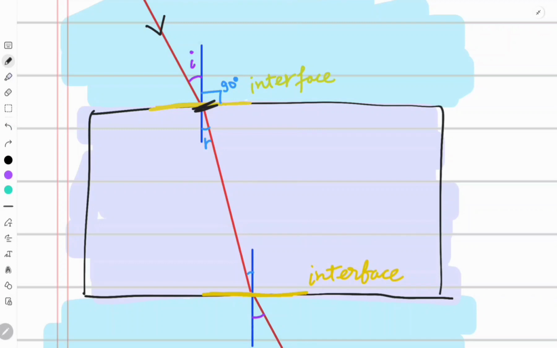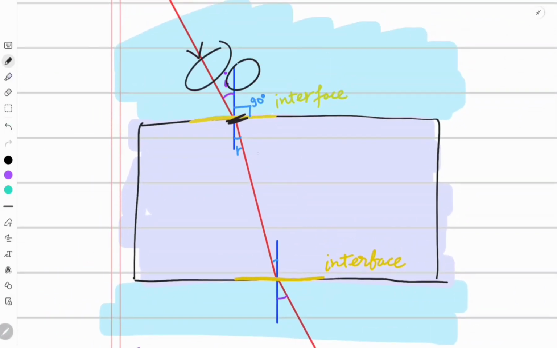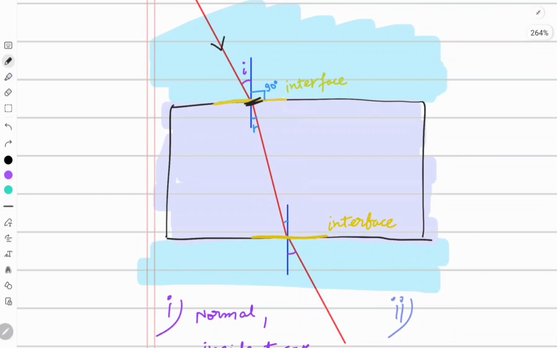This blue line that you can see is the normal. The line that hits the interface is the incident ray, and the light ray that refracts from the interface is called the refracted ray. So these three lines are in the same plane. That's the first rule of refraction.